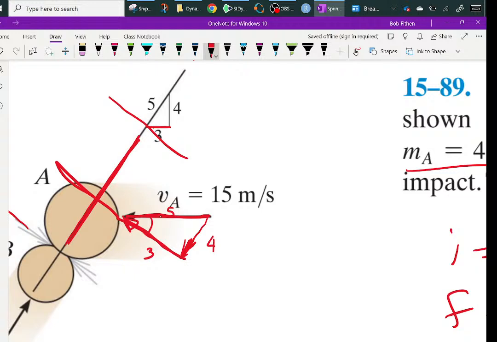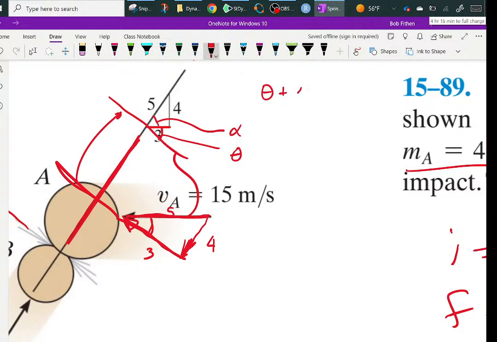So the angle between this line and this line is the same as that line, because this one and this one go in the same direction. Here I'll say this is theta and this is alpha.